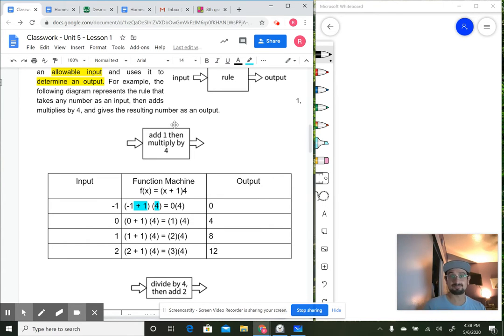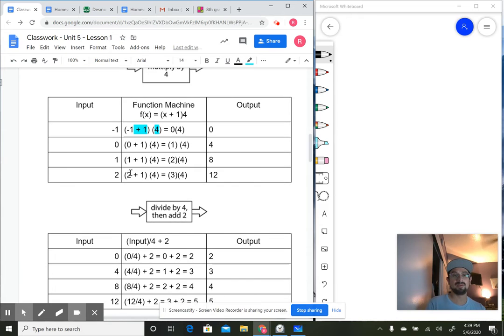So you take the number, you add 1, and you multiply that by 4. In this case, we take negative 1, we add 1, we multiply by 4. Negative 1 plus 1 is 0. 0 times 4 is 0, and we're done.